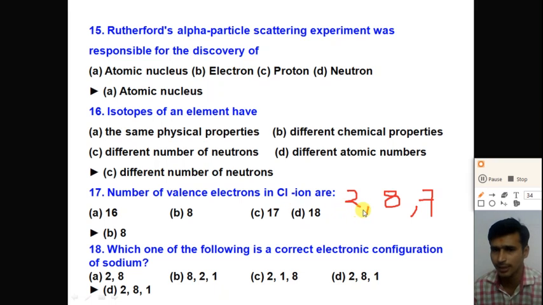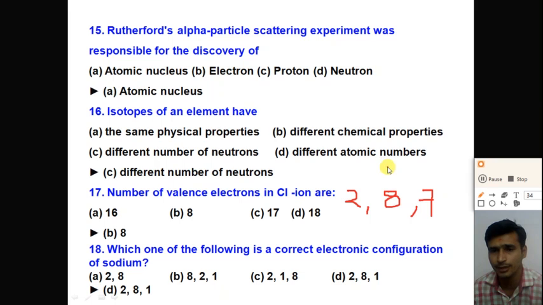In the first shell 2 electrons, second shell 8 electrons completely filled, and in the third shell 7 electrons. So its valency is 8 minus 7, which is 1, right? So the chlorine atom gains 1 electron and becomes a Cl minus ion.